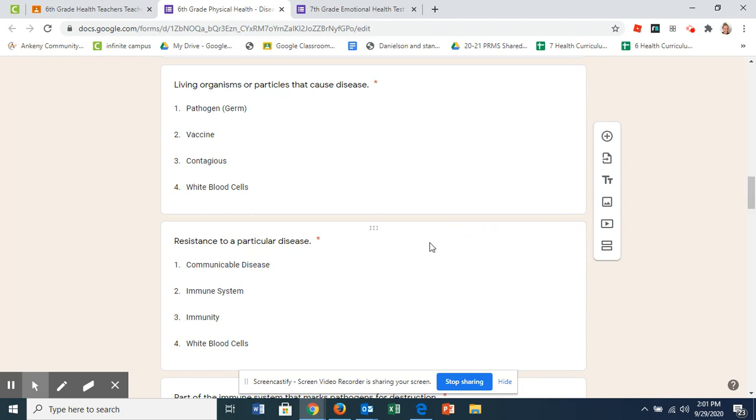Next definition: resistance to a particular disease. Number 1, communicable disease. Number 2, immune system. Number 3, immunity. Number 4, white blood cells.